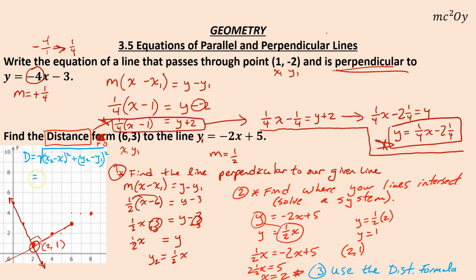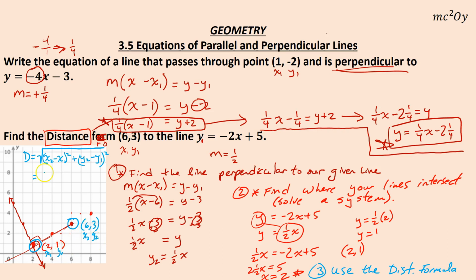So I'm finding the distance from this point to this point. Remember, it's my perpendicular distance. So I'm going from the ordered pair (6, 3) to the ordered pair (2, 1). So if I just label these, call this x1, y1, and x2, y2.